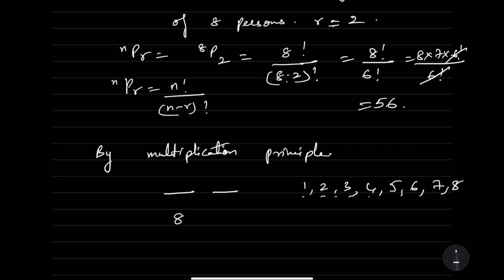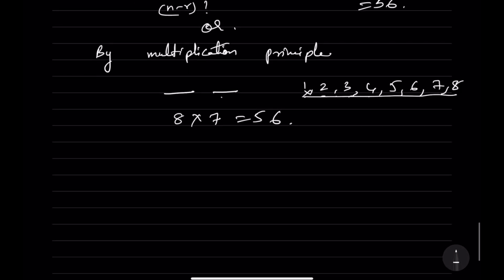Now along this you can take out one of the numbers. So suppose you are selecting a 1, this first person. So now remaining are how many for the second position? They are 7. So it is equal to 56. You can do by any of the methods. This is one method, or this is one more method. So this is the way we do the fifth one.